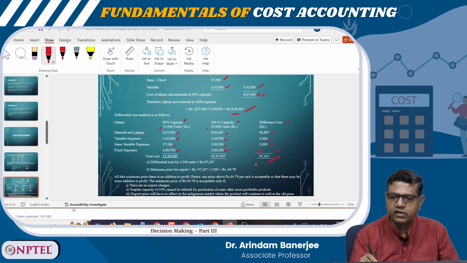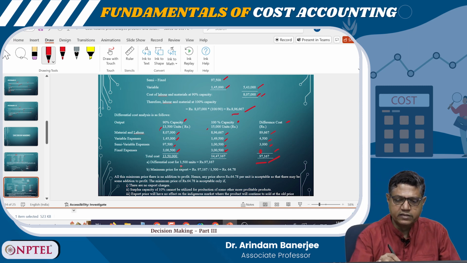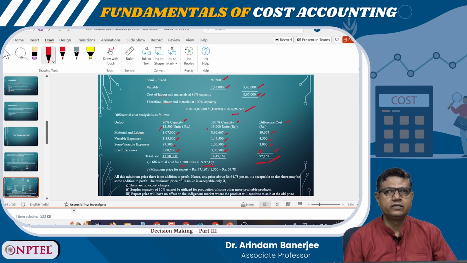This differential cost is for 1500 units. For 1500 units, the differential cost is 97,167. So, what would be the minimum price of export?